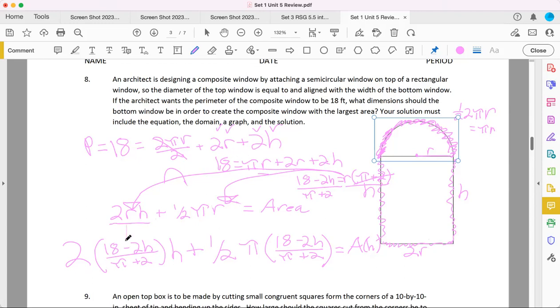This is for that rectangle, then 1/2 pi r squared, which is the area of that semicircle at the top. And so if you then take this equation, 18 minus 2h over pi plus 2, and put that in place of r, you graph this out, don't forget to square this, you'll eventually get what h is going to be, and you can use that to help you figure out what the dimensions are going to be.